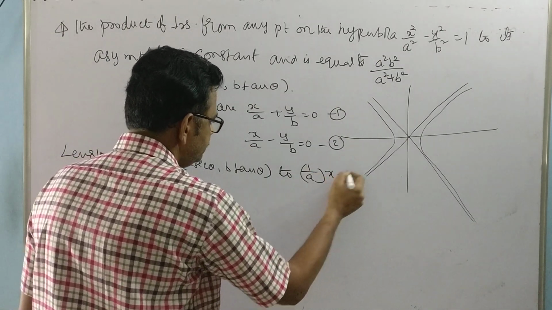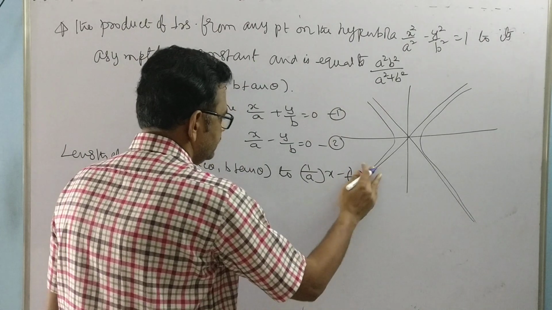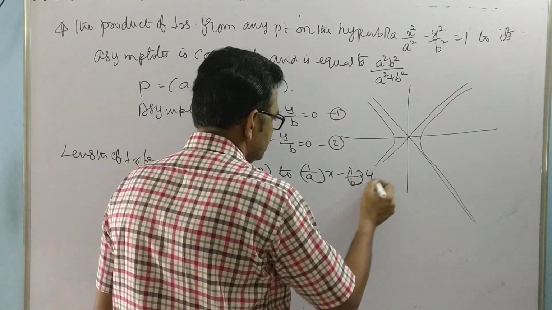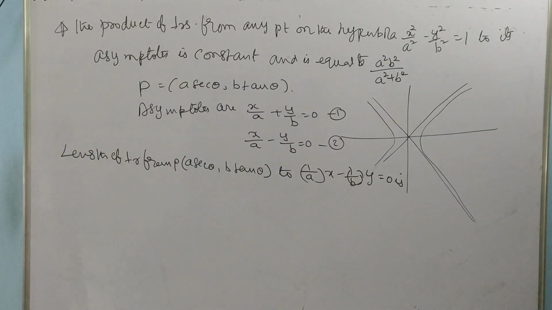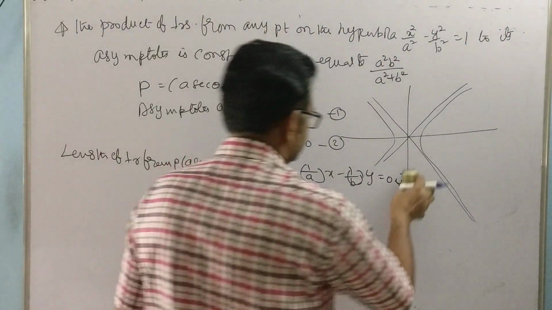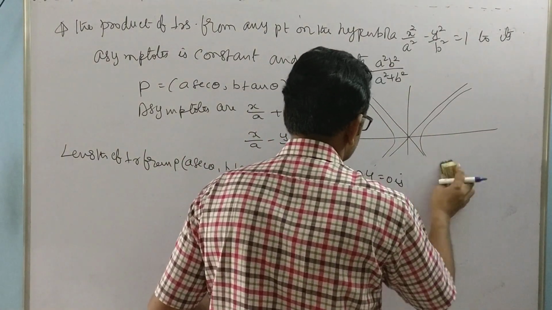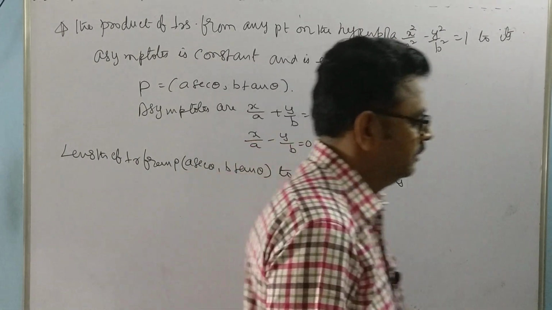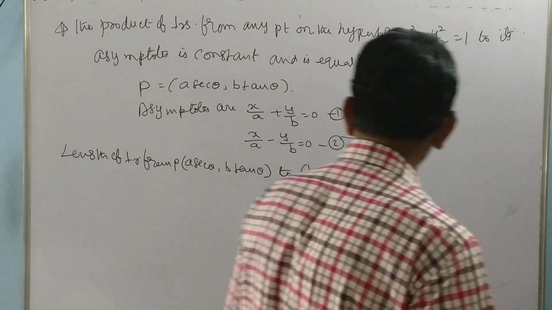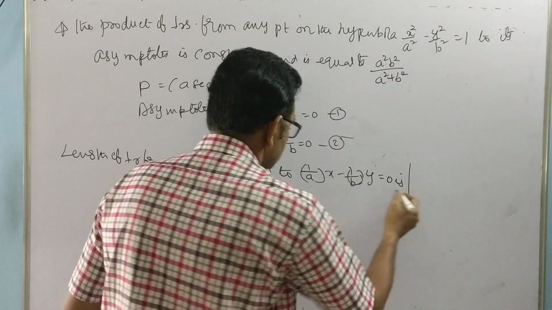(1 by a) x minus (1 by b) y equal to 0 is the mod of a x1 plus b y1 by root of a square plus b square.